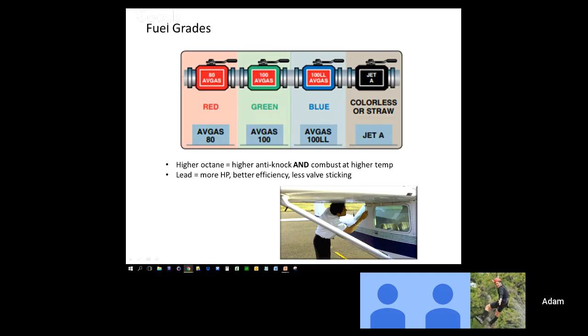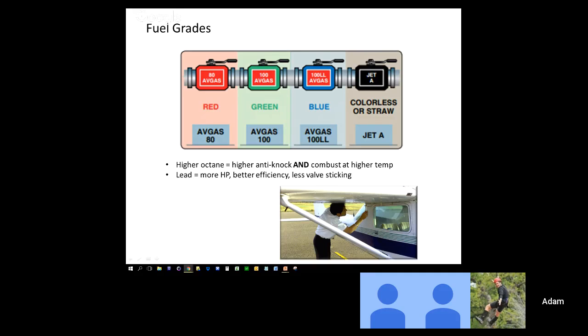And jet fuel comes in a couple different varieties. The most popular is called Jet A. Biggest difference between the octane gases and the jet fuel is kerosene, and the aviation gases are gasoline, similar to what you'd put in your vehicle.